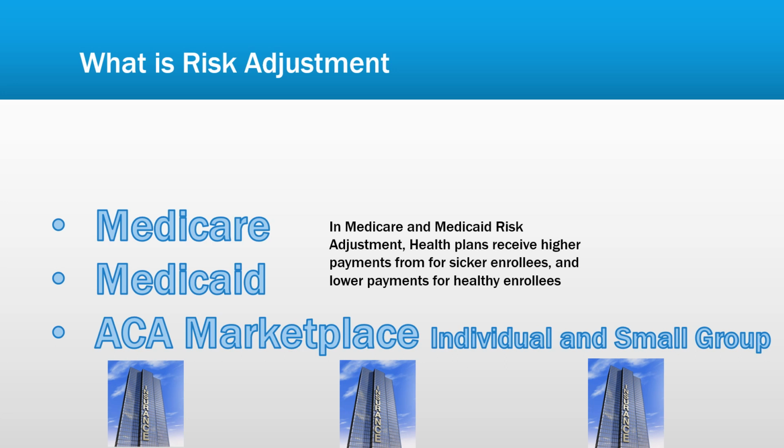Okay, and we will certainly be looking at these in more detail throughout the course. Right now, we're just talking about the overall concept of risk adjustment. So in Medicare and Medicaid risk adjustment, health plans receive higher payments for sicker enrollees and lower payments for healthy enrollees.